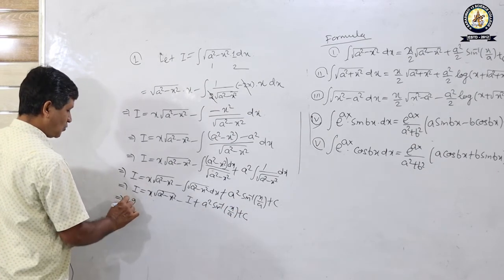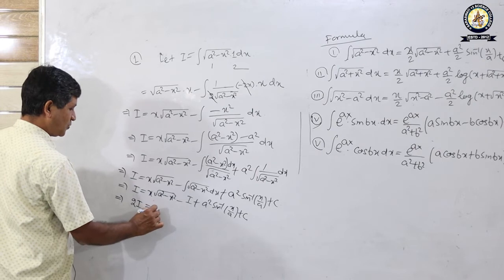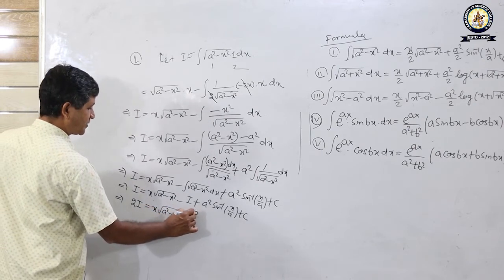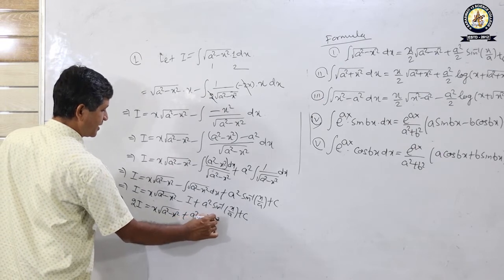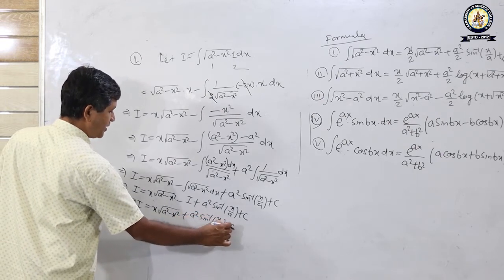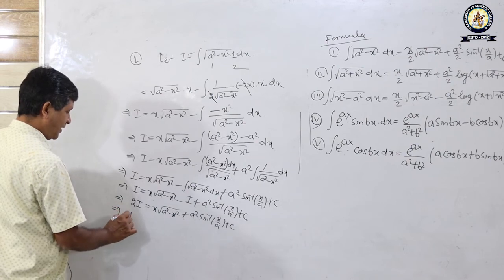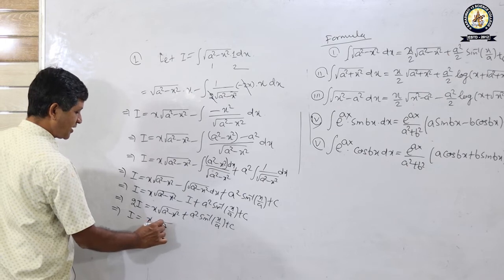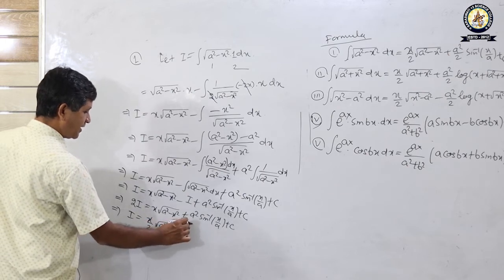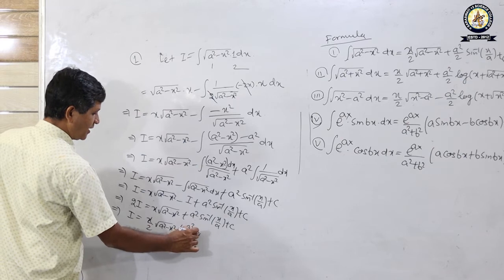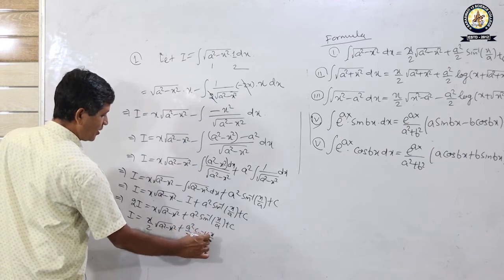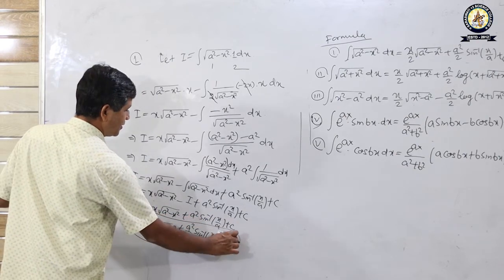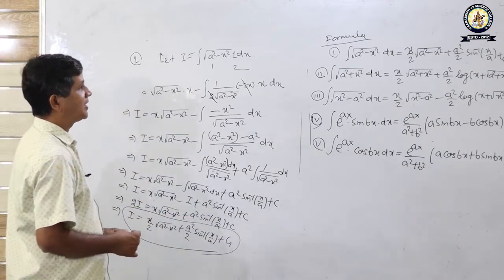That is 2I equals x root of a square minus x square plus a square into sin inverse x by a plus c. So I equals x by 2 into root of a square minus x square plus a square by 2 into sin inverse x by a plus c by 2, taken as c1. So this is the first formula that you have now derived.